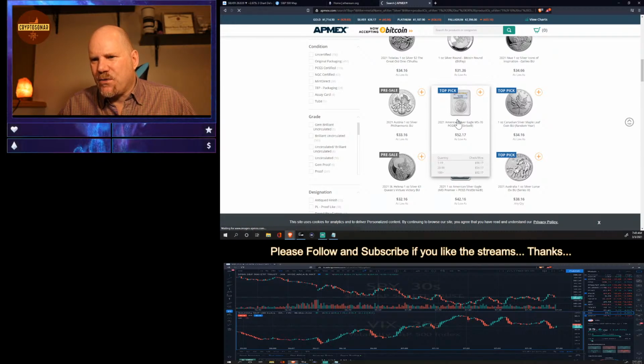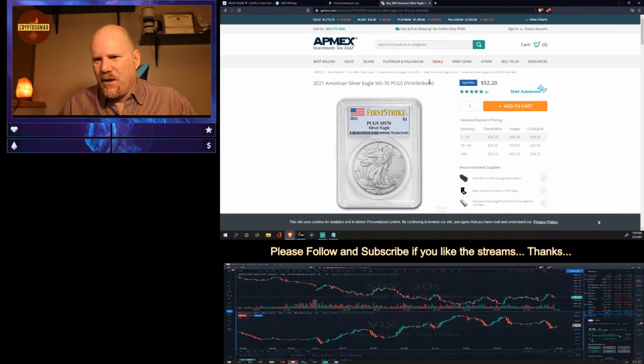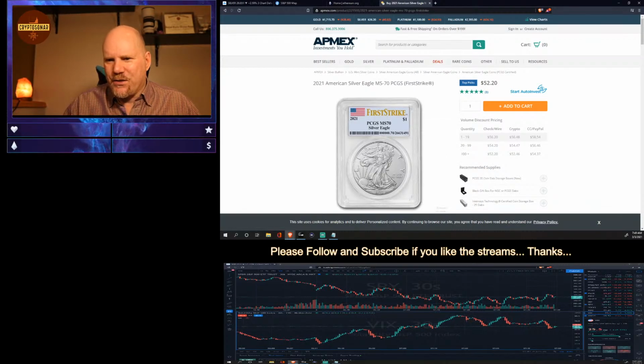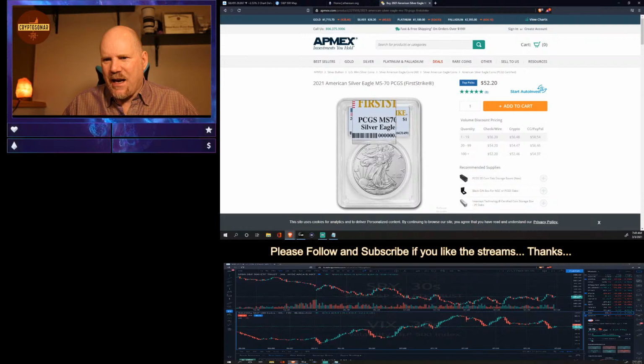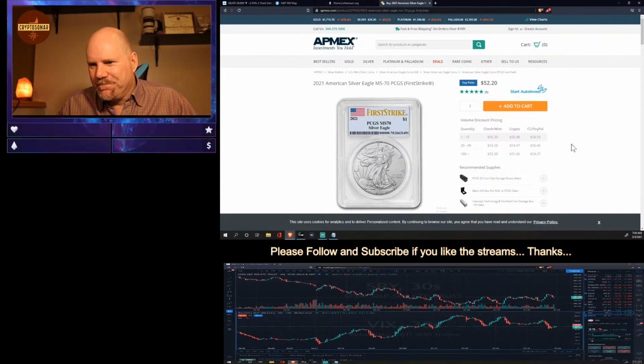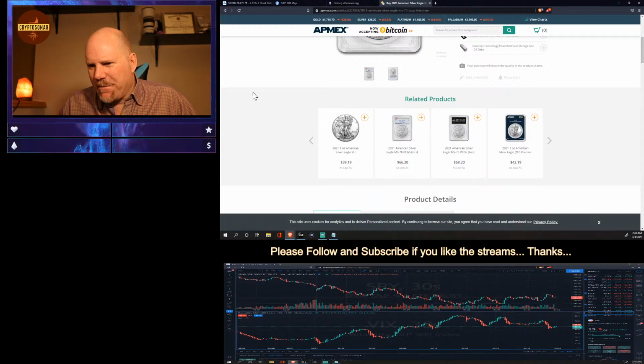This is the First Strike MS70, but not a proof. So First Strike, they basically took a Brilliant Uncirculated, rated it as high as you can with an MS70, and slapped a $52 price tag on it. If you're willing to pay that, I'm not.